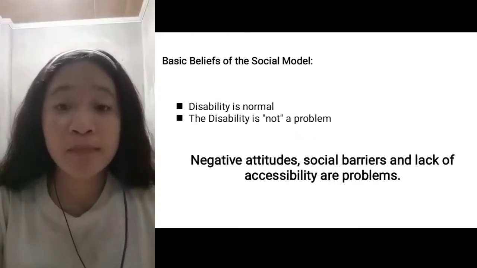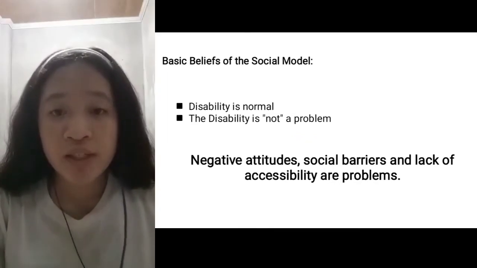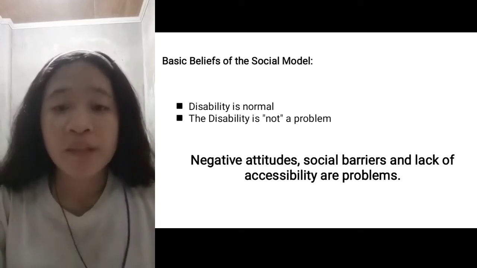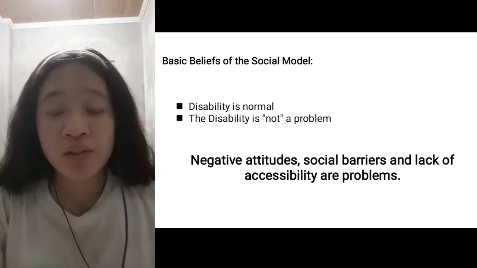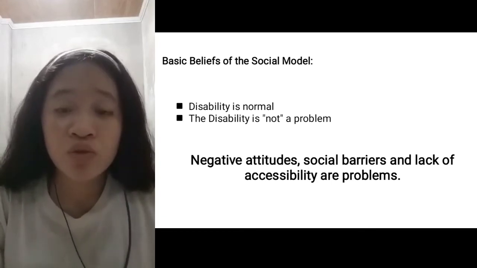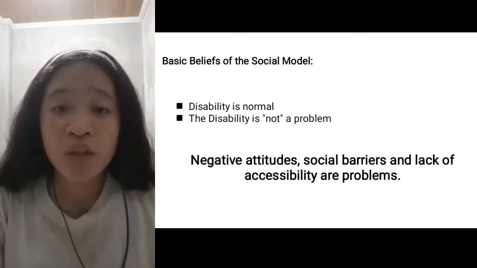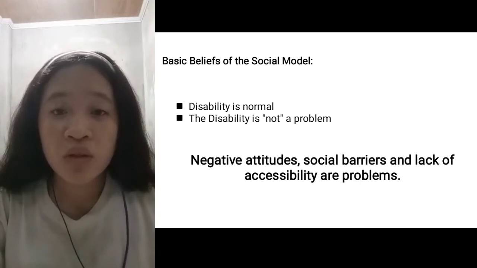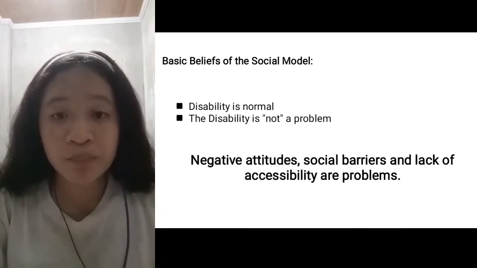Next are the basic beliefs of the social model. It sees that disability is normal. Disability is common in our society, and it's nothing to joke about. Socially impaired are those individuals who are judged by society.